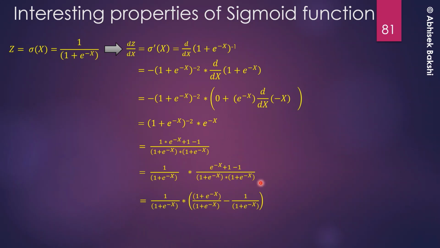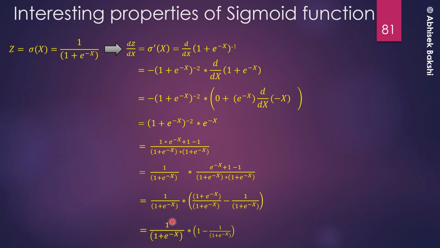Okay. Now, what benefit do we get here? You see, 1 plus e to the power minus x is present in both numerator and denominator, right? So it will cancel and I will get 1 as a result. And here I have the same term that I have here, right? As a result, I can say it's 1 by 1 plus e to the power minus x into 1 minus 1 by 1 plus e to the power minus x.